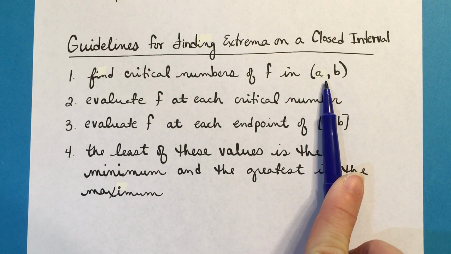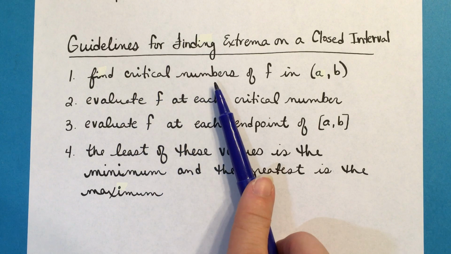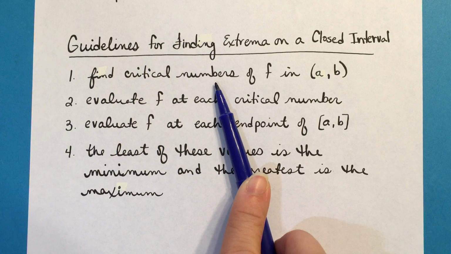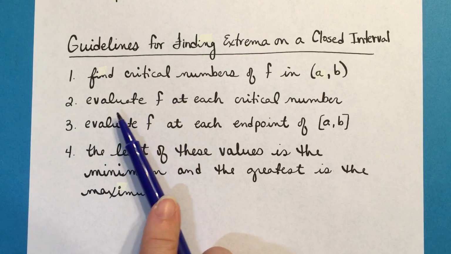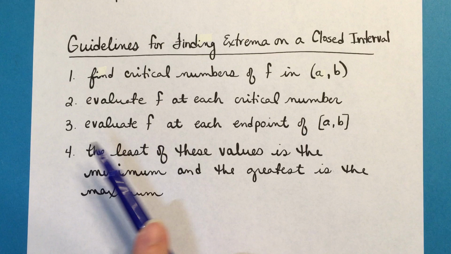You're only going to worry about what happens in between to begin with. So find your critical numbers. Now remember, critical numbers, the definition right above this, is where your derivative is equal to 0 or your derivative does not exist. Step 2 is to evaluate the function at each critical number.